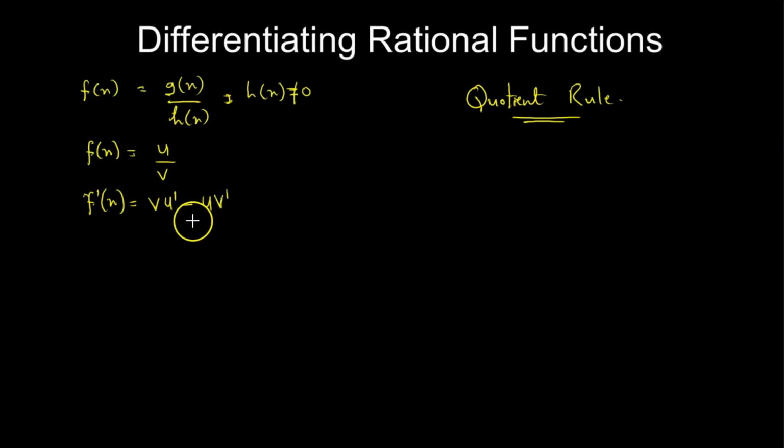So it's the reverse of the product rule, but this time around it goes with subtraction. Then finally divided by the denominator squared, so v squared.